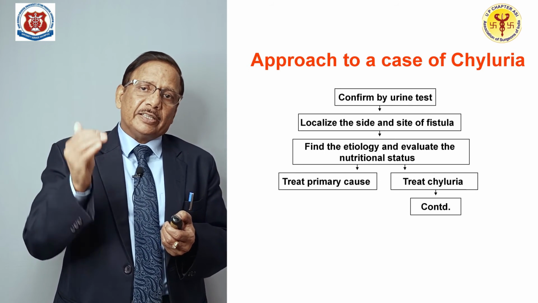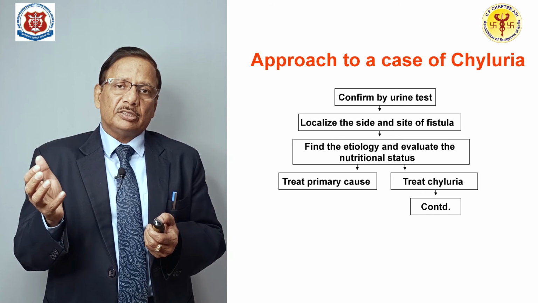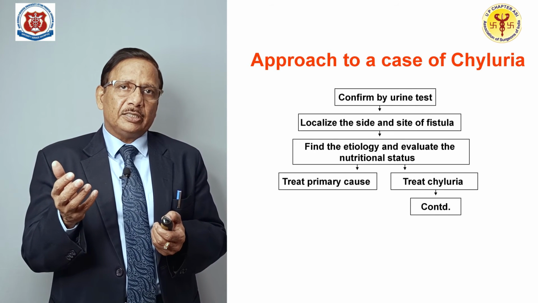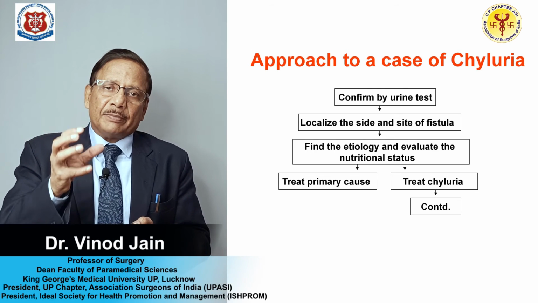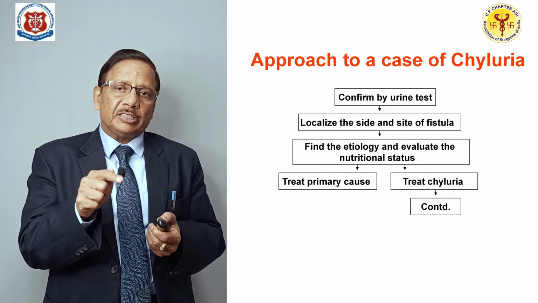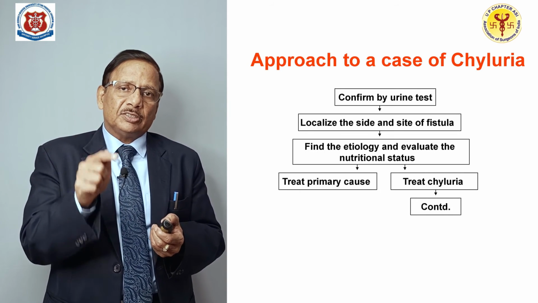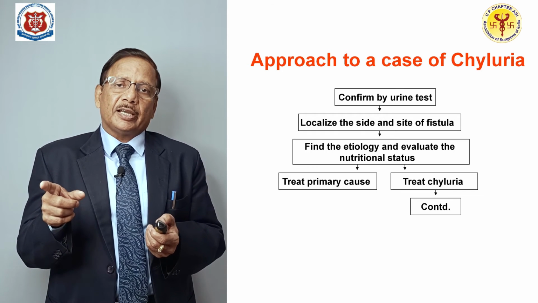Then step 3 is to find the etiology by doing various investigations: filarial and non-filarial, tubercular, tumor. Whatever the primary cause is, whether filaria, tuberculosis or tumor, that cause has to be treated, and simultaneously you will treat chyluria also.